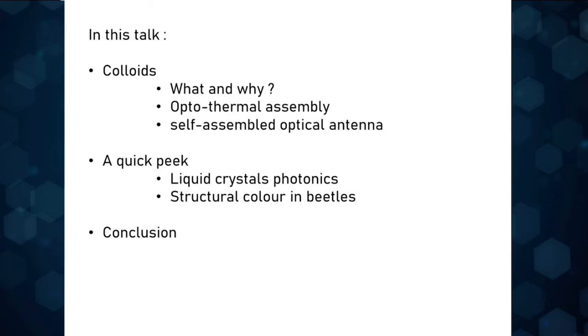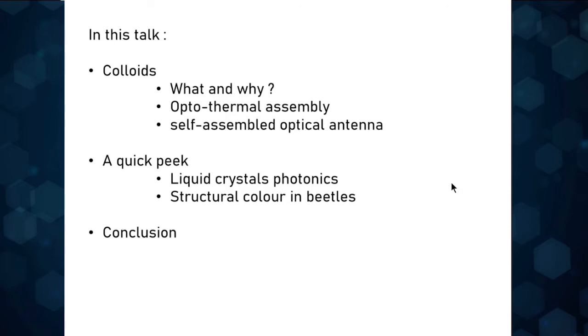So I have divided the talk mainly into three parts. First, I'm going to focus on one of the very important subcategories of soft matter, which is colloids. Then I'm going to give you a very quick peek into two very interesting implications of soft matter optics.